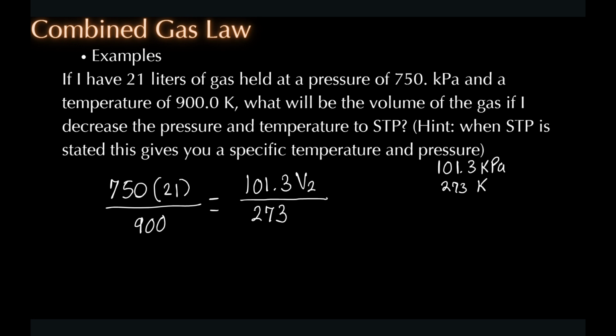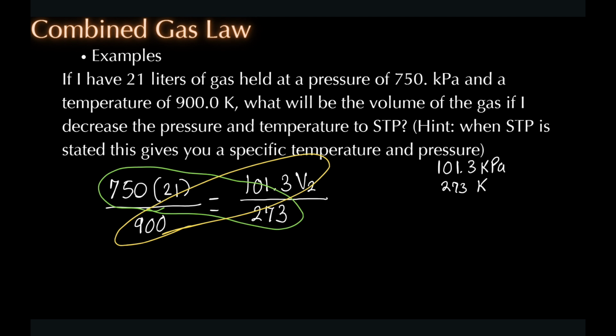Same idea as before. We are going to cross multiply and divide. So cross multiply all of this, divide to find the V2, and we should get that our final volume will be 47 liters at the end.